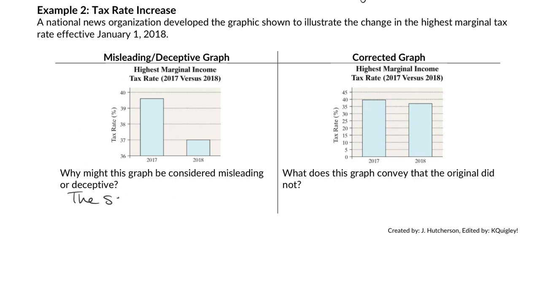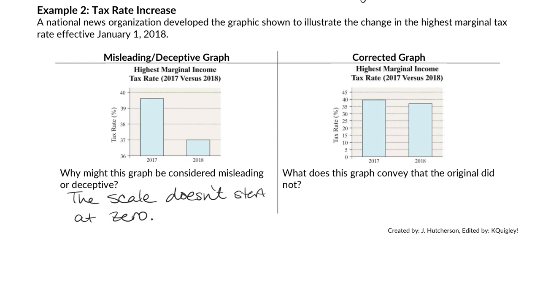The scale, I spelled the word scale wrong, let me try that again. The scale doesn't start at 0. If we were going to start with the axis being 36, we would probably want the next line to be a multiple of 36, which is still an ineffective way to show this information.